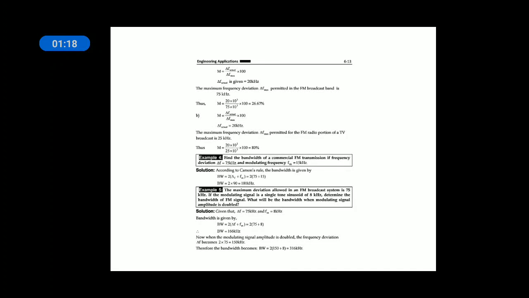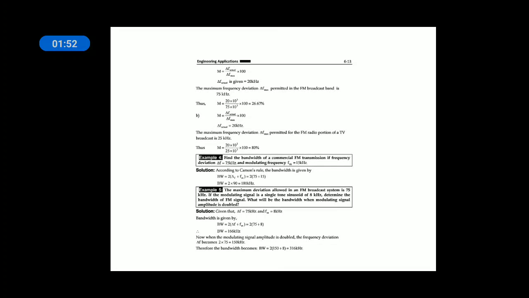In AM problems we calculated bandwidth, modulation index, transmitted power, and frequencies of the side bands. In FM problems we calculated bandwidth, time domain equation, modulation index, frequency deviation, and power delivered to a load.